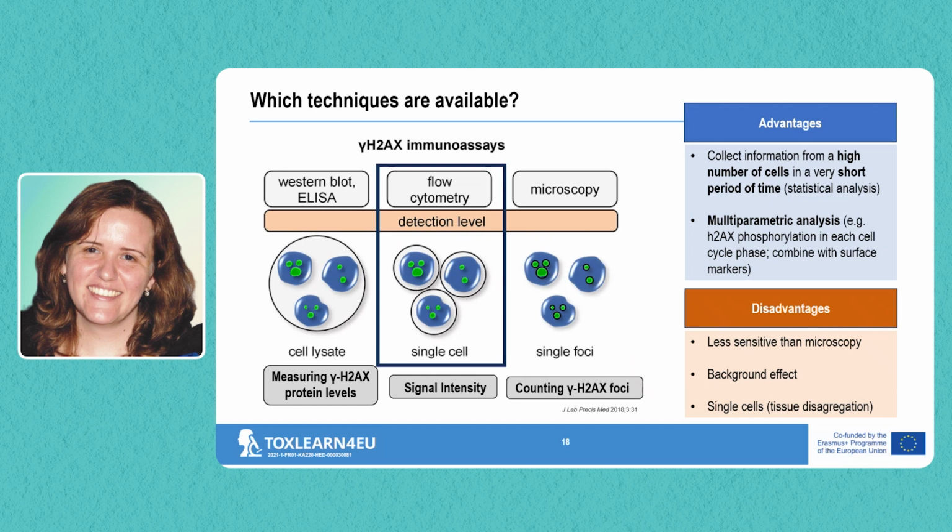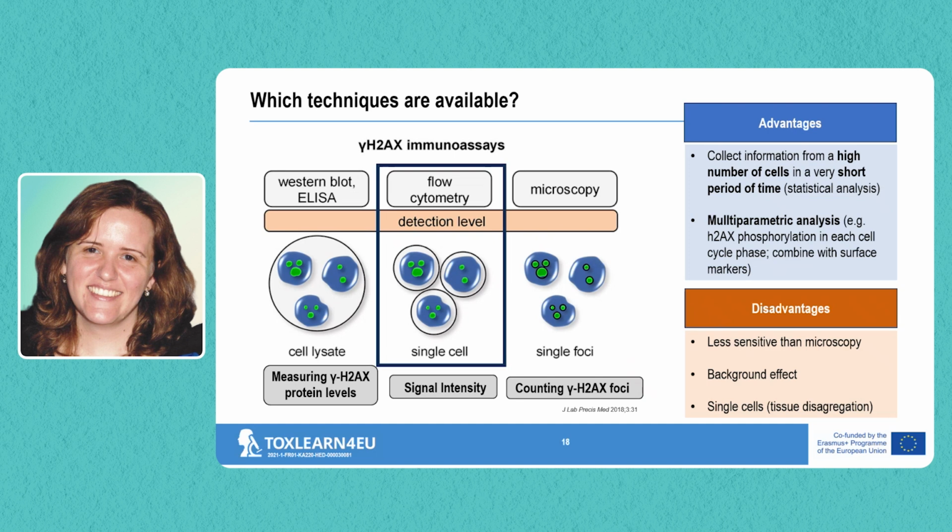There are a number of things that you can do at the same time. Among the disadvantages, the main disadvantage is that it is less sensitive than the microscope. There are a number of papers trying to compare both techniques, but because you are not looking at cells one by one as you are in microscopy, you will lose some sensitivity.